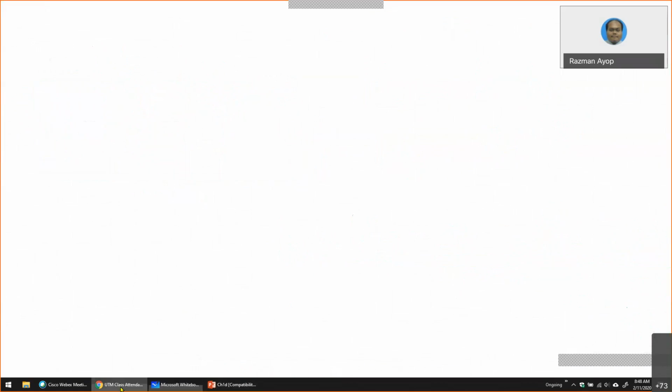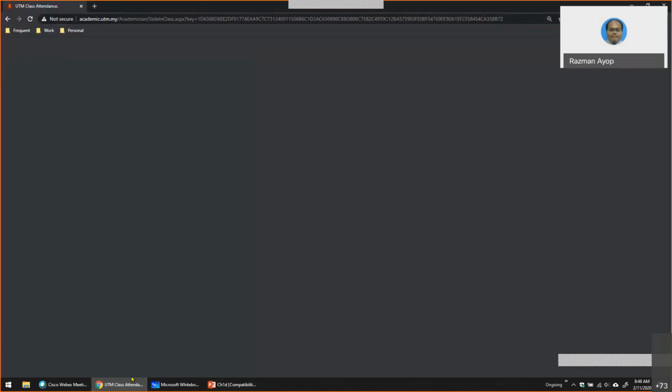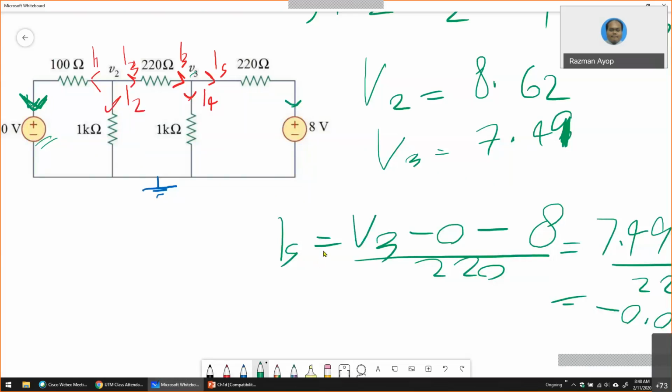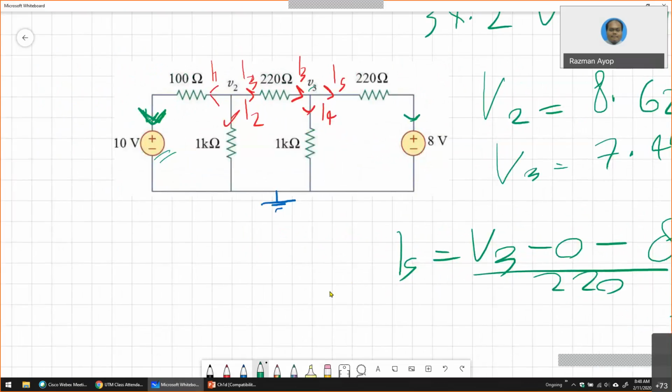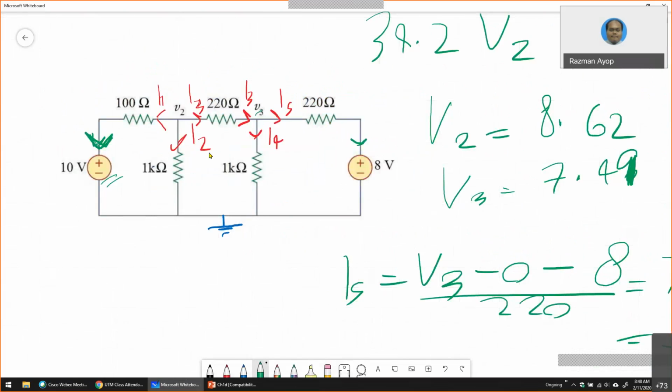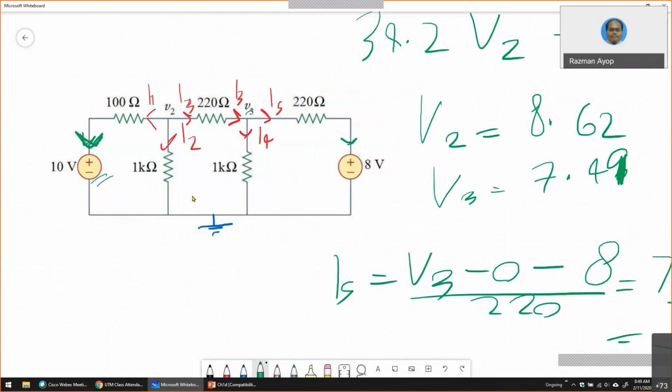Any more questions before we proceed? Doctor, I just want to ask about the I1 when it enters the 10 volt. So the current becomes minus? Not current, the voltage. Oh, the voltage.